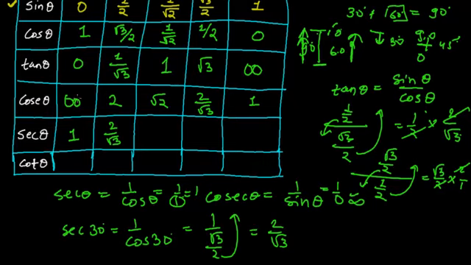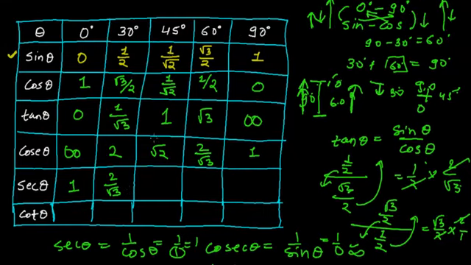So that is why I write here 2 upon root 3 exactly. So sec 45, what will be the value of sec 45? See, cos 45 is 1 upon root 2, so root 2 will come upside and 1 we don't write, so it is root 2. And for 90, cos 90 is 0, so 1 upon 0, that value is undefined again, right?